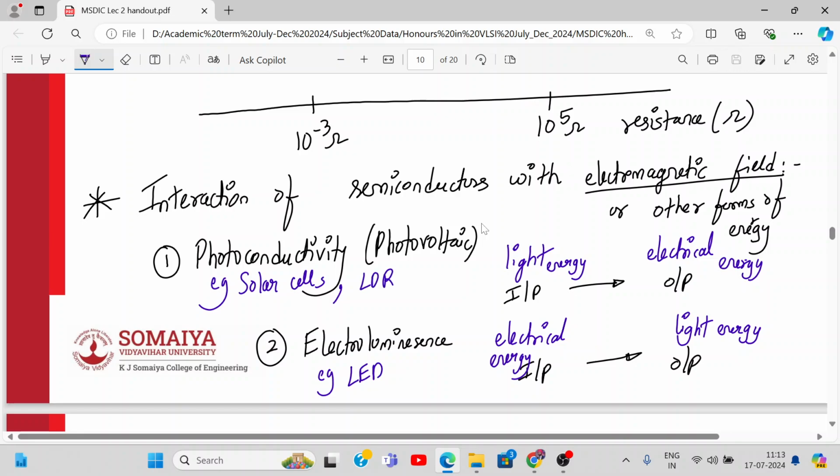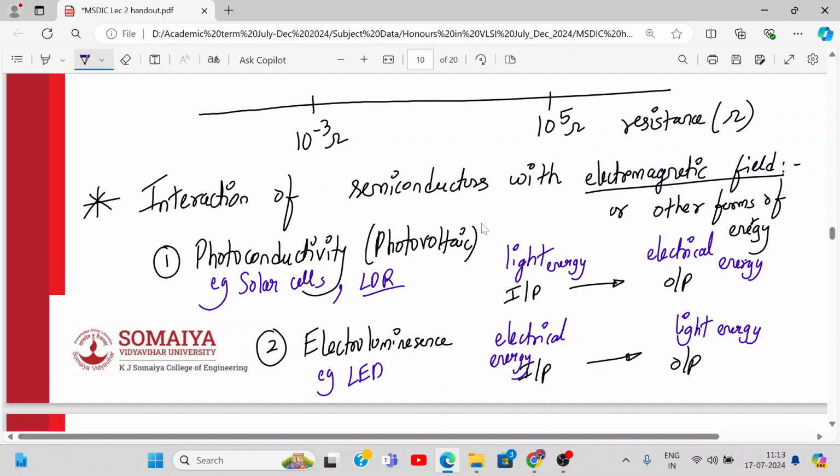Only thing is, in the case of an LDR, whenever light falls on it, its resistivity changes. Correct? Its resistance changes. When you connect that resistance in an electrical circuit, then the electrical energy will change.